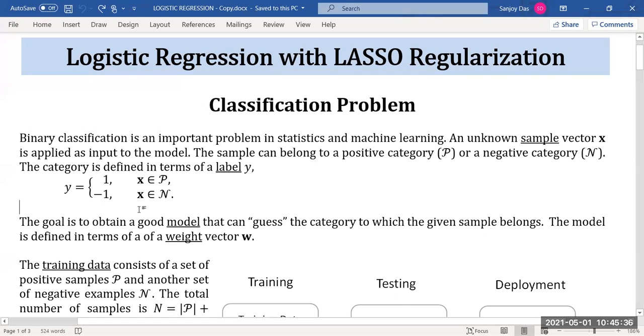All these are the parameters of the input X for each patient, and Y is +1 if the patient has a certain disease, and -1 if not.